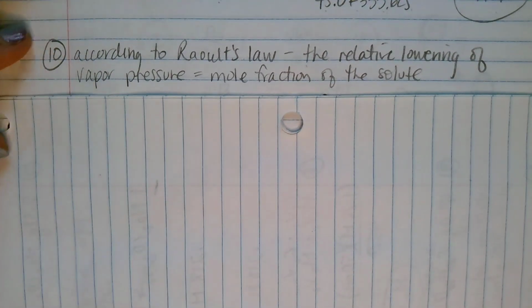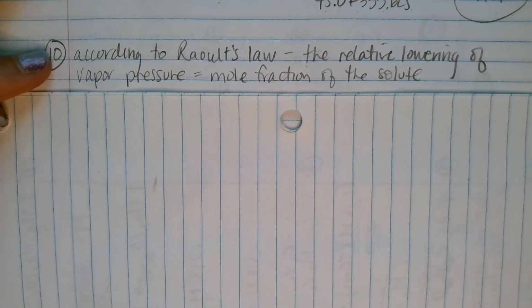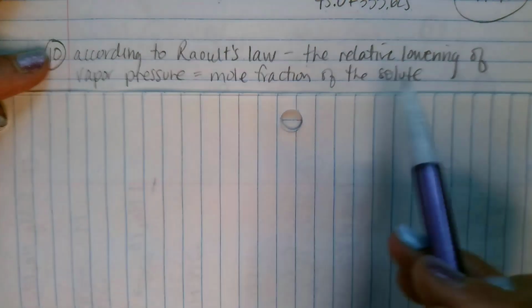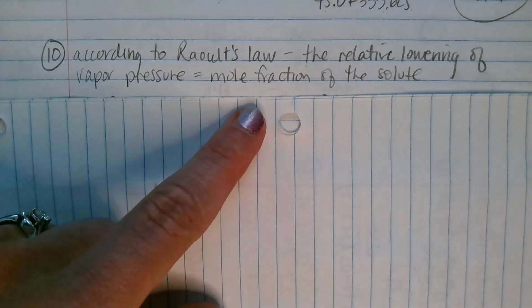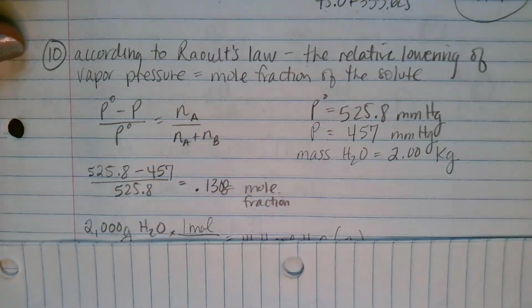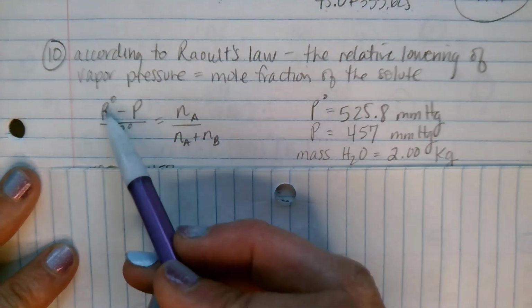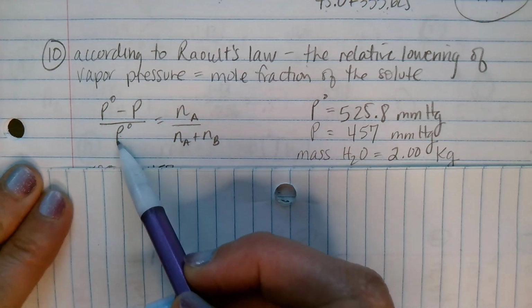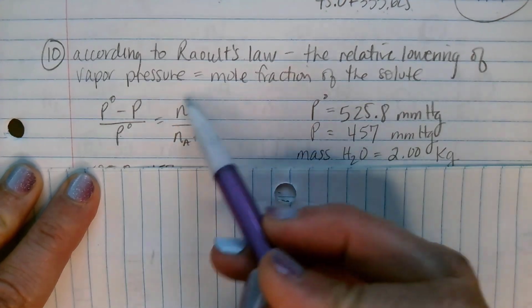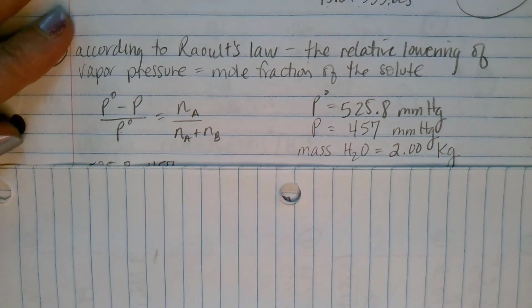Looking at number 10, we're using Raoult's law again. So the relative lowering of vapor pressure, and looking at mole fraction of the solute. So P naught minus P, that gives me my delta P, over my P naught is equal to the mole fraction. So what do I know?